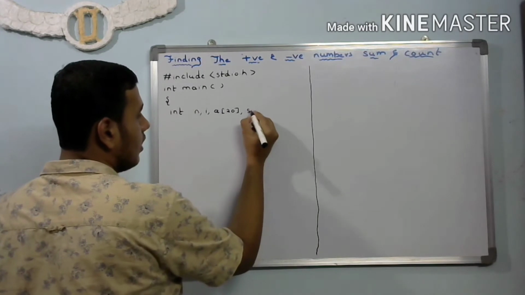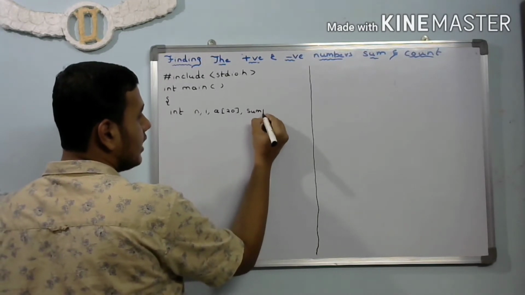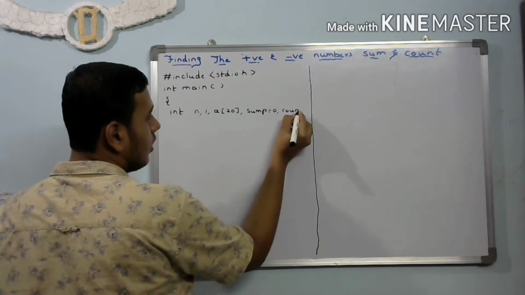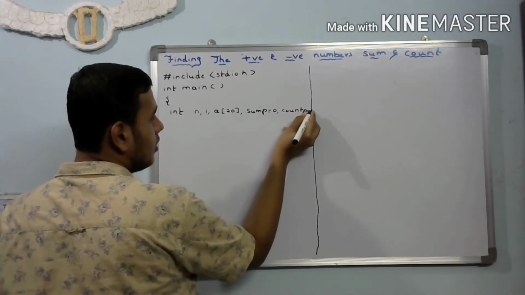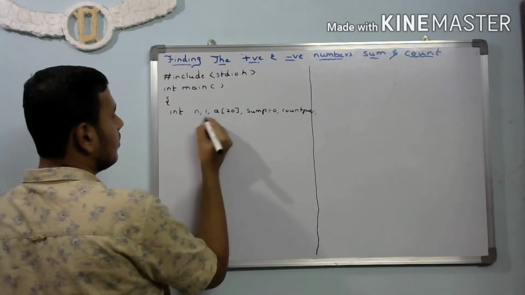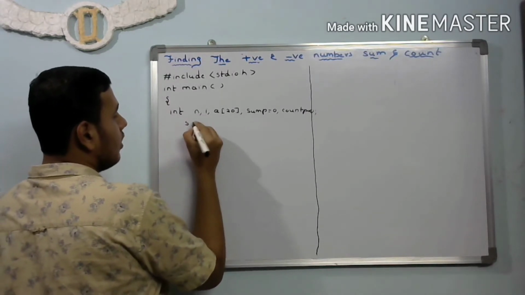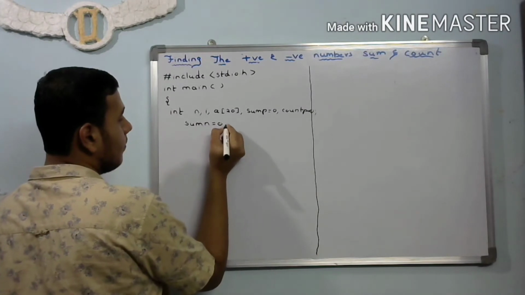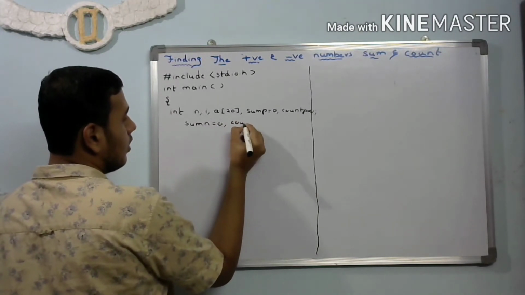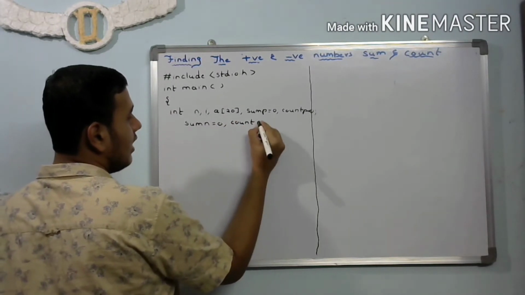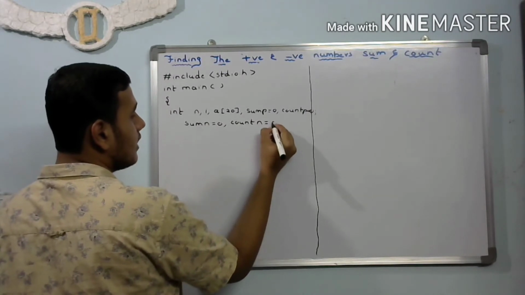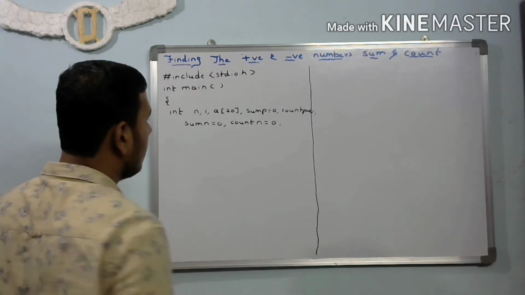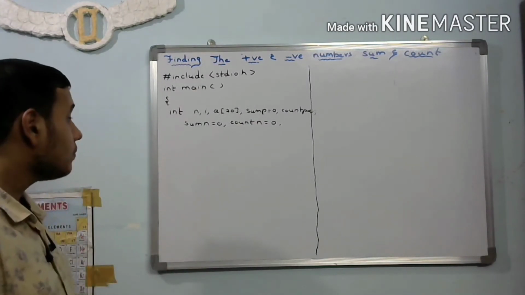Now sum p is equal to 0, count p is equal to 0, and here sum n is equal to 0, count n is equal to 0. So we initialized all the requirements to 0.